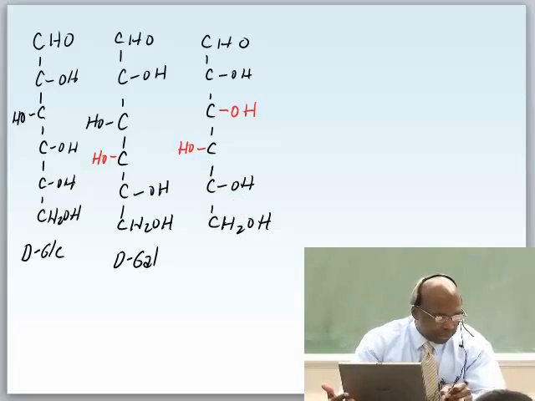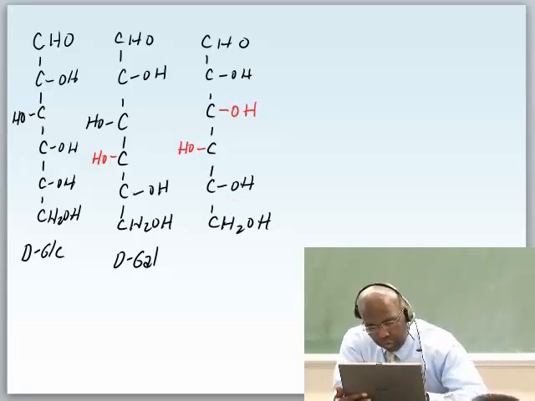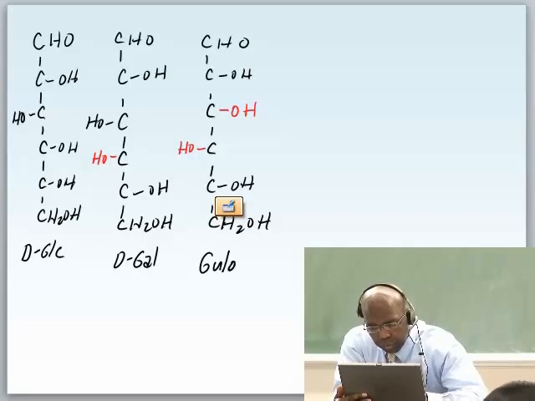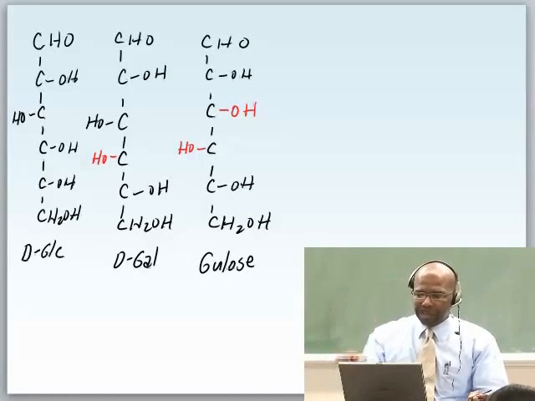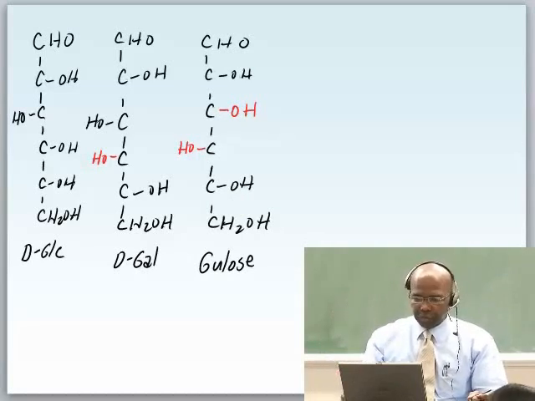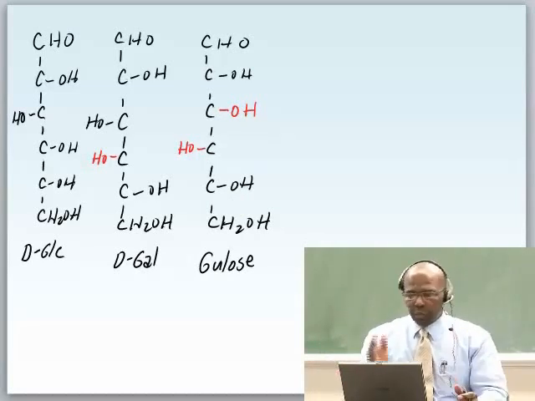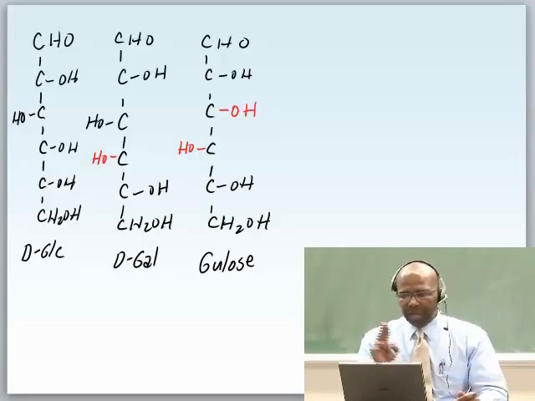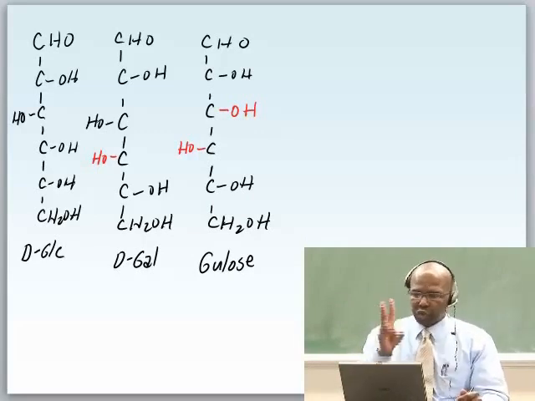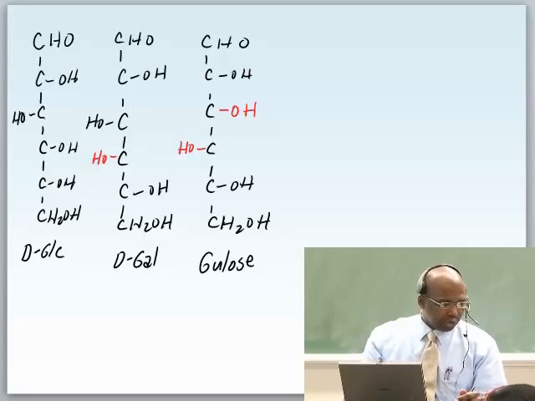Okay? And this aldose has a strange name. It's called gulose. And it's different from glucose in how many positions? 2. So we have glucose, and then we have galactose that's different in 1 position, and then we have gulose that's different in 2 positions.